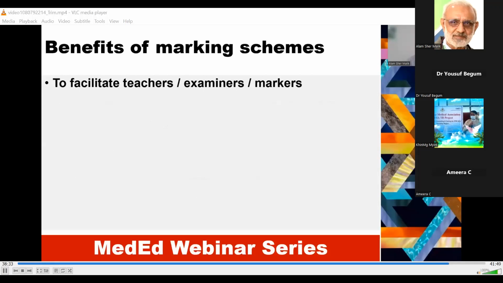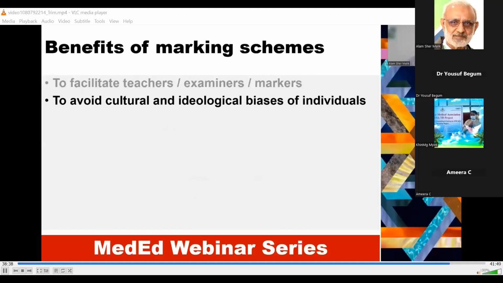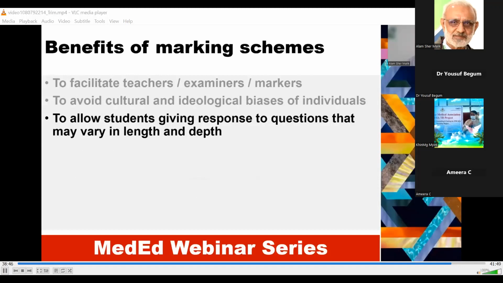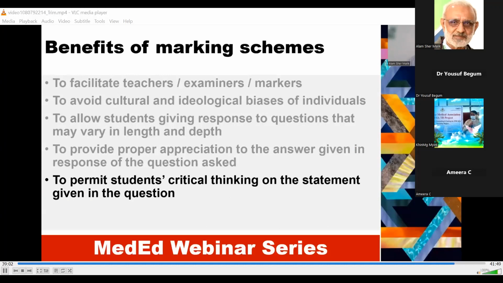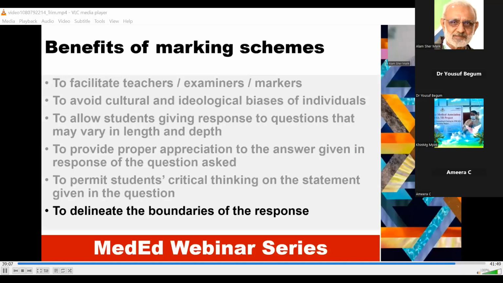Marking schemes help teachers, examiners, and markers to avoid cultural and ideological biases of individuals, to allow students to give responses to questions that may vary in length and depth, to provide proper appreciation to the answer given in response to the question asked, to permit students critical thinking on the statement given in the question, and to delineate the boundaries of the response.